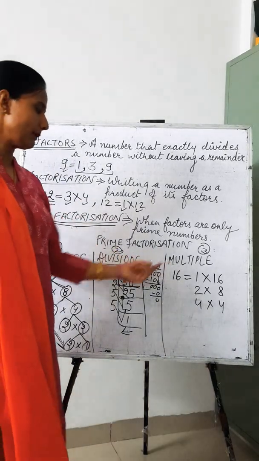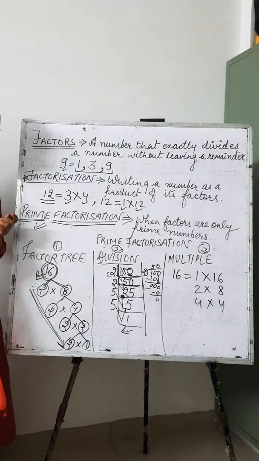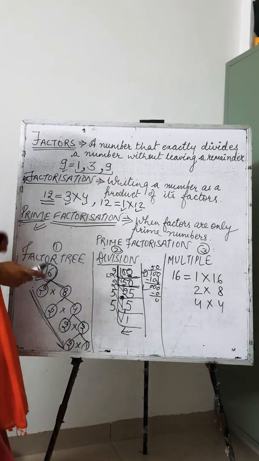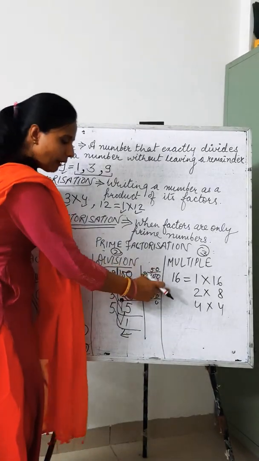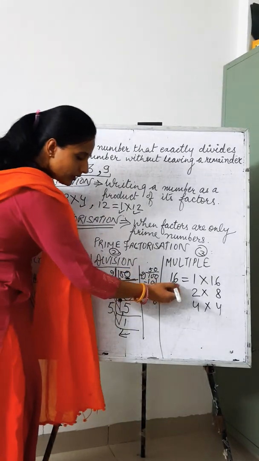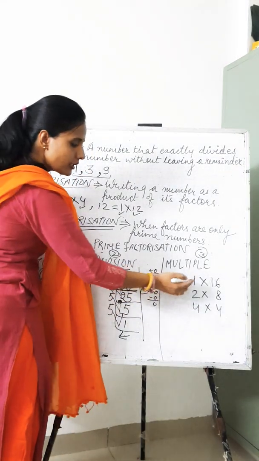Now come to the multiple method. Many scholars were asking me, ma'am, how to do the multiple method to find prime factors. Children, don't get confused, we have already done this in our junior classes also. Whatever number is given to you, you have to start your journey with 1.